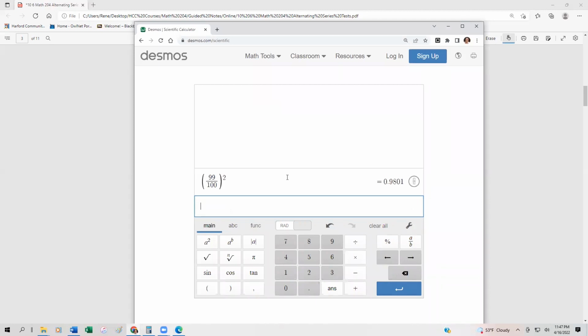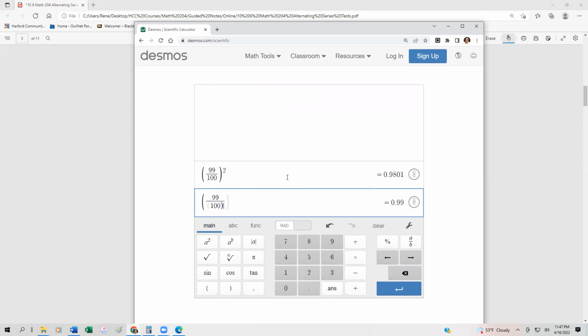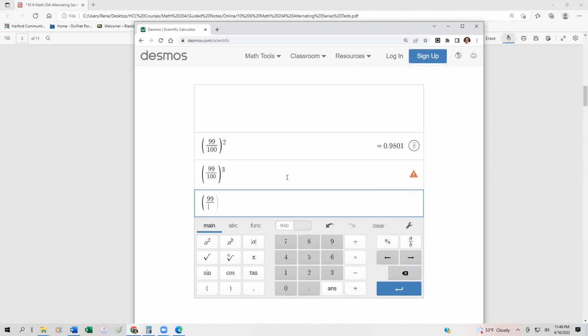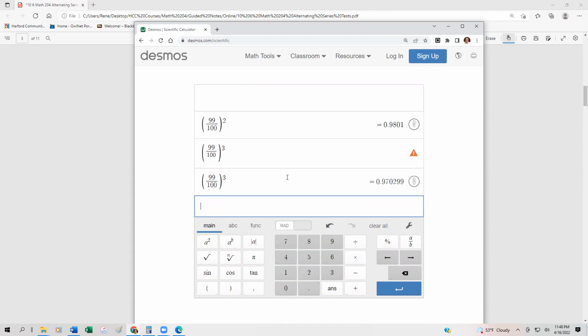I get 0.9801, and now 99 over 100 raised to the third power. This parenthesis doesn't like me. Let me get rid of that. Let me try it again. I think I forgot to get out of the denominator the first time. All right, I get 0.9703.